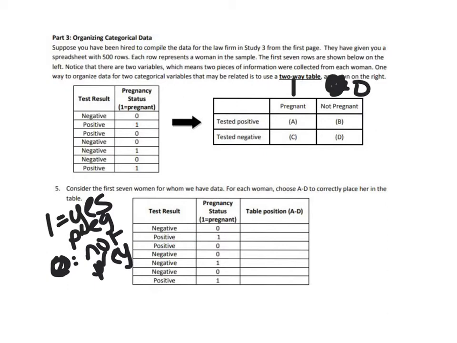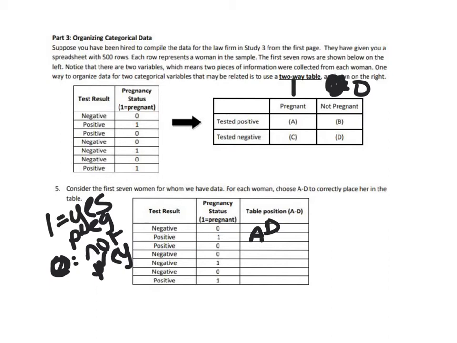So 1 is pregnant, 0 is not pregnant. So instead of saying yes and no, and then positive and negative, that's how they did it. So if I look at a negative and a 0, meaning my test result was negative and I wasn't pregnant, that is a D. And then positive and 1, so positive and pregnant is A. Sorry, I'm going to have to write kind of big on this because the screen's really small.